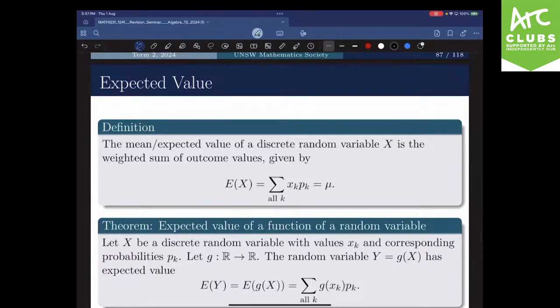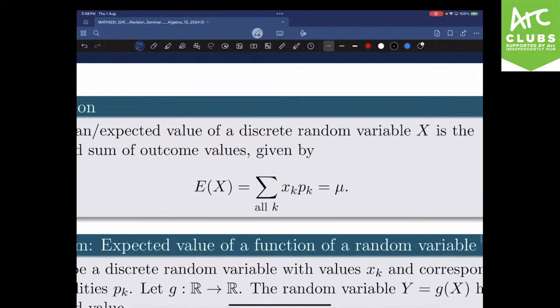Okay, next we have the expected value. The expected value, otherwise known as the mean, of a discrete random variable is a weighted sum of outcome values given by this formula here. Every x_k has a probability of p_k occurring.